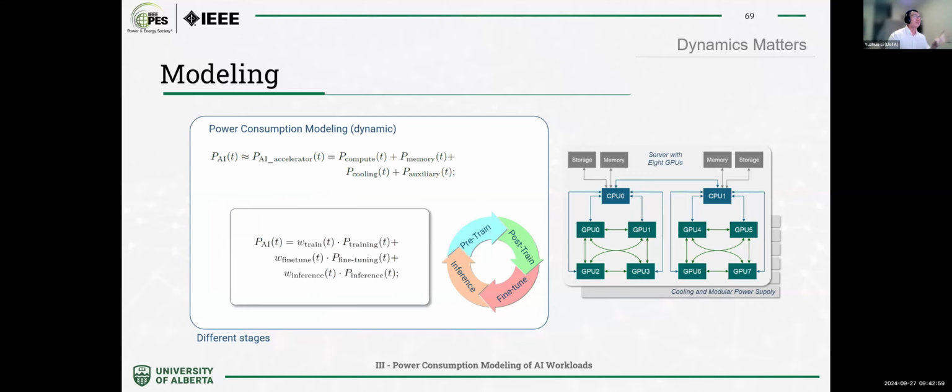If we combine all three stages, or all the dynamics, together, we have the power consumption of AI equal to the power of training, the power of fine-tuning, and the power of inference, each multiplied by a time-varying factor based on the ratio or the load condition. This gives a very rough, high-level mathematical description of the power consumption.